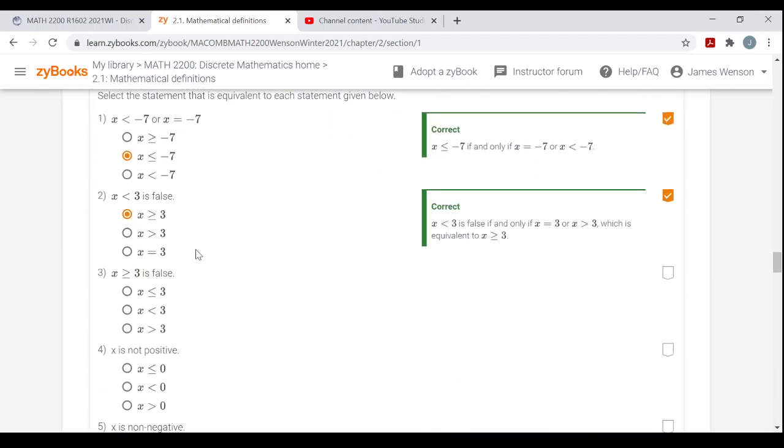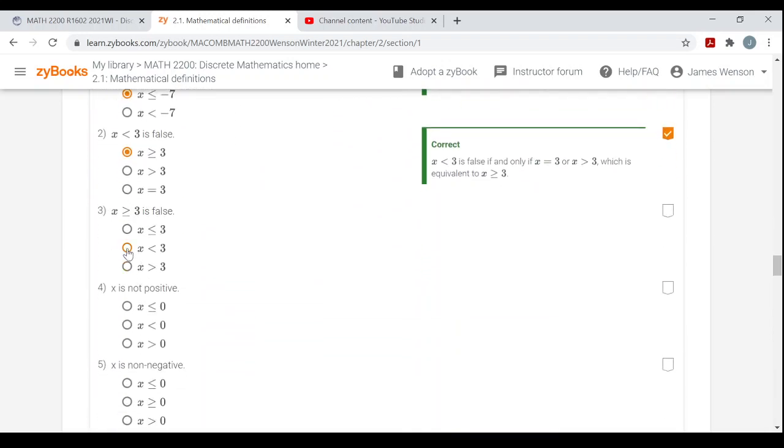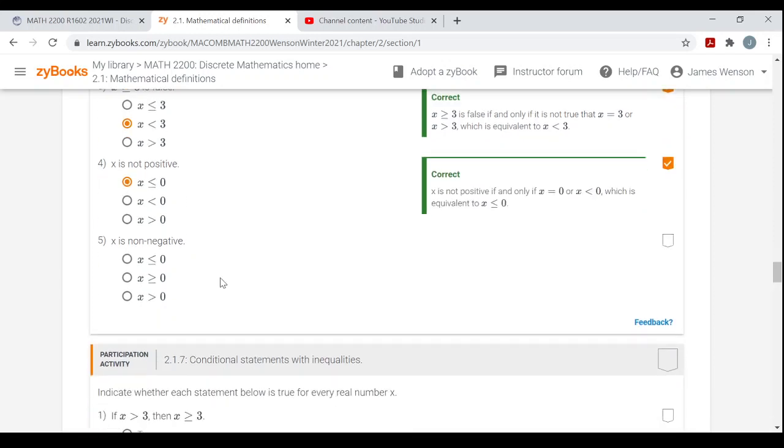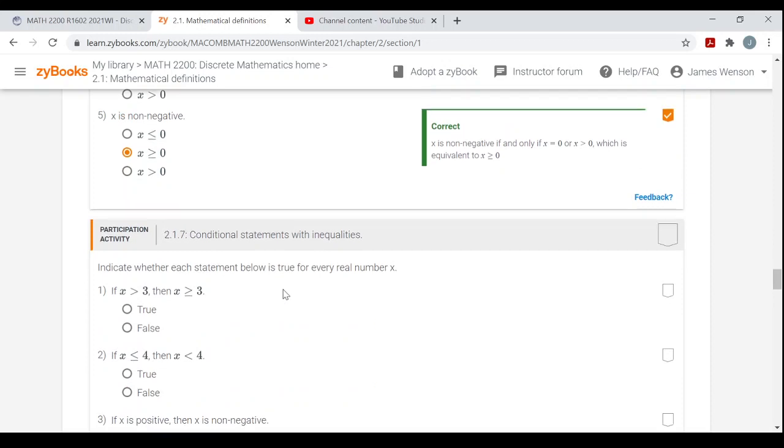So the opposite of x is greater than or equal to 3 is x is less than 3. And x is not positive means it's negative or 0, because not positive could be 0 or negative, so less than or equal to 0. And not negative means 0 or positive, greater than or equal to 0. Okay, I don't know why I did all those.